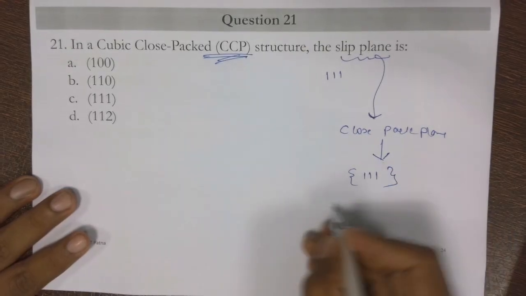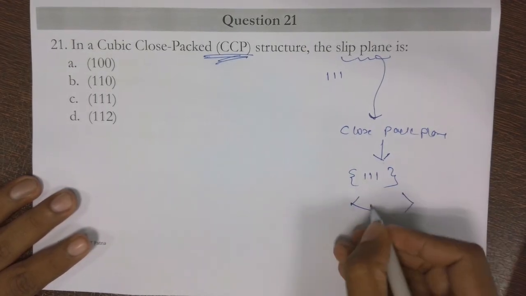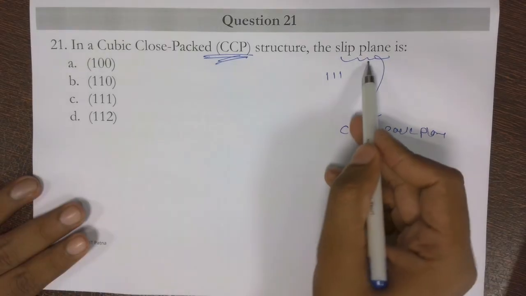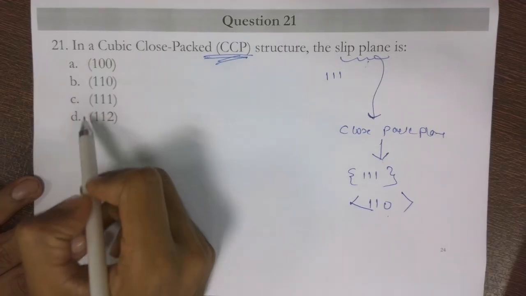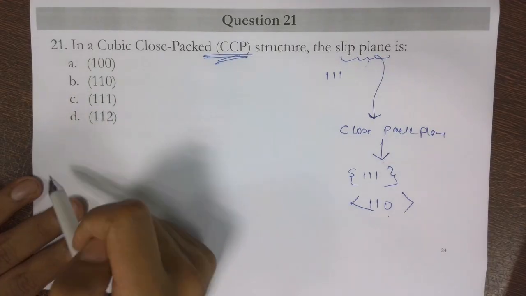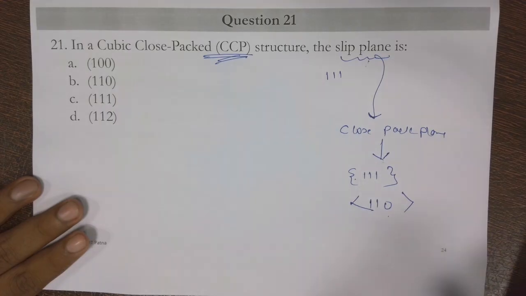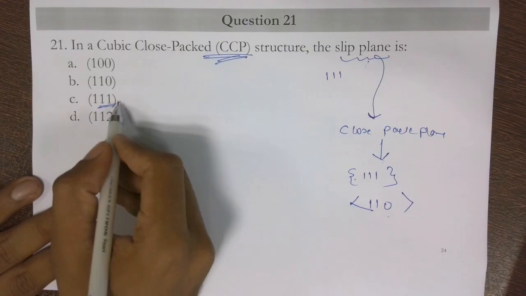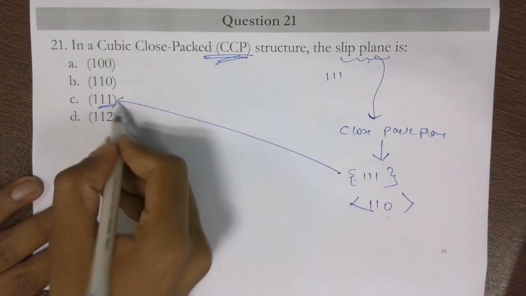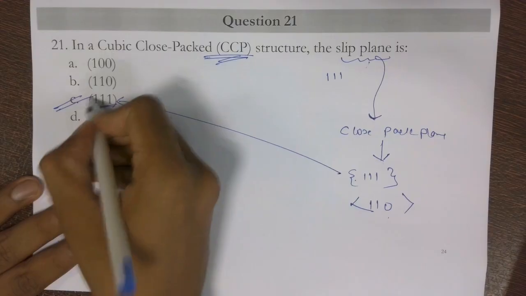What will be the close pack direction? It will be 110. So instead of the slip plane, if I ask you the slip direction, it will be like this. Here you can see that the curved bracket has been used while I was using the curly bracket. Doesn't matter. This plane is a family of 111. Okay, so we can select option B over here.